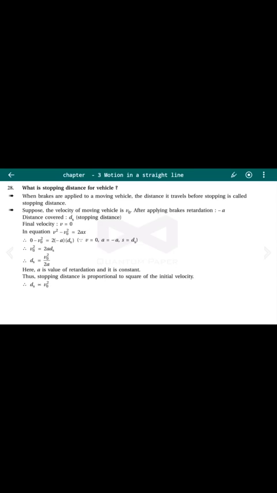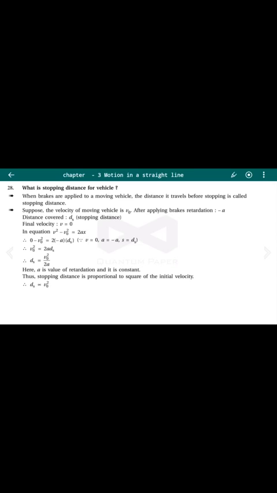Minus on both the sides gets cancelled. So, the equation becomes v0 square equals 2a ds. Taking ds as the subject and taking 2a to the denominator, the equation becomes ds equals v0 square upon 2a. Here a is the value of retardation and it is constant.